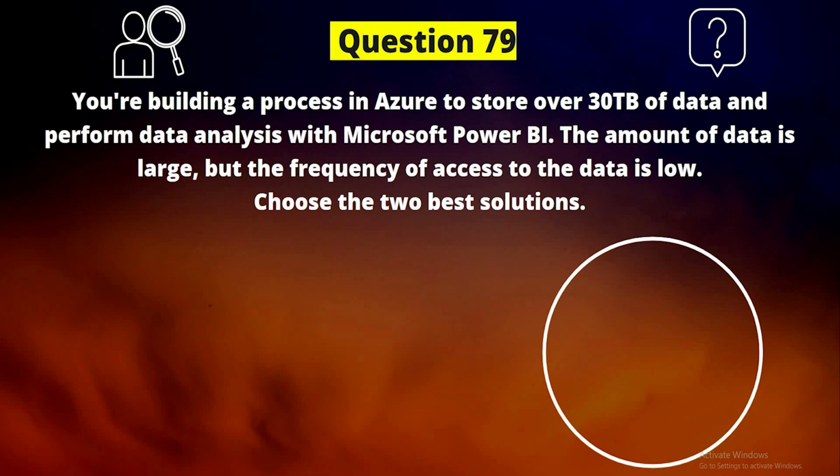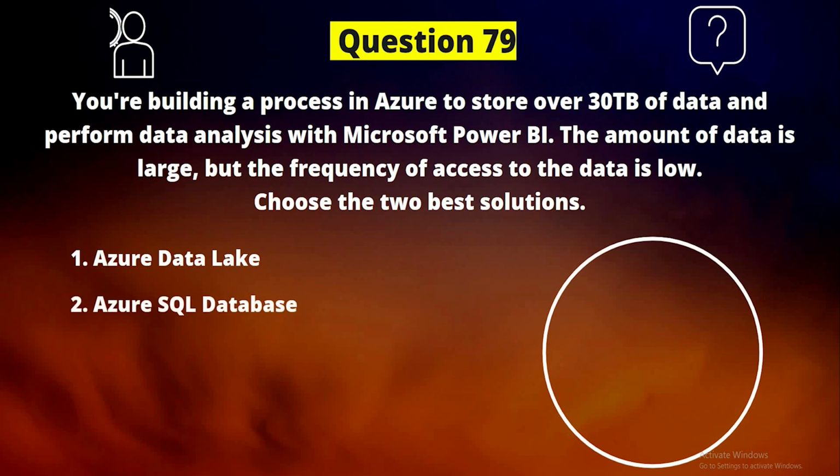Question 79. You're building a process in Azure to store over 30 terabytes of data and perform data analysis with Microsoft Power BI. The amount of data is large, but the frequency of access to the data is low. Choose the two best solutions. And the options are Option 1, Azure Data Lake.